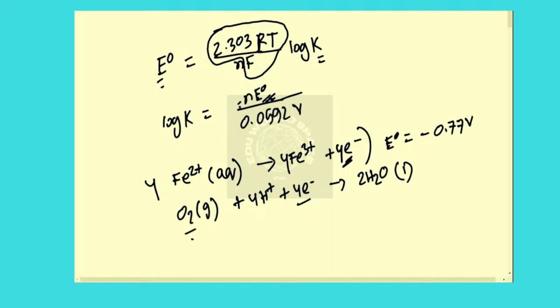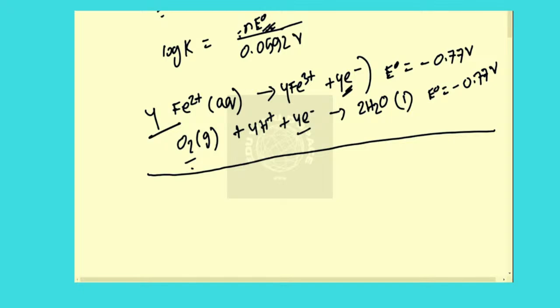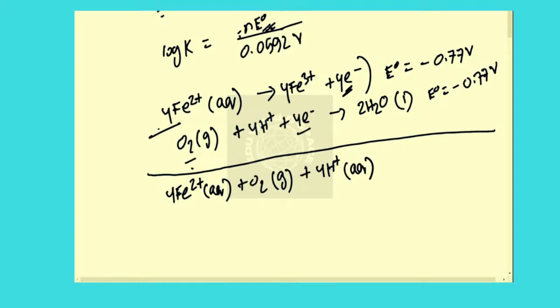So if we now sum up these two reactions, we'll get 4 Fe2+ plus oxygen plus 4 H+, and we will cancel out these electrons, and on the right hand side we will get 4 Fe3+ in aqueous form plus 2 H2O.